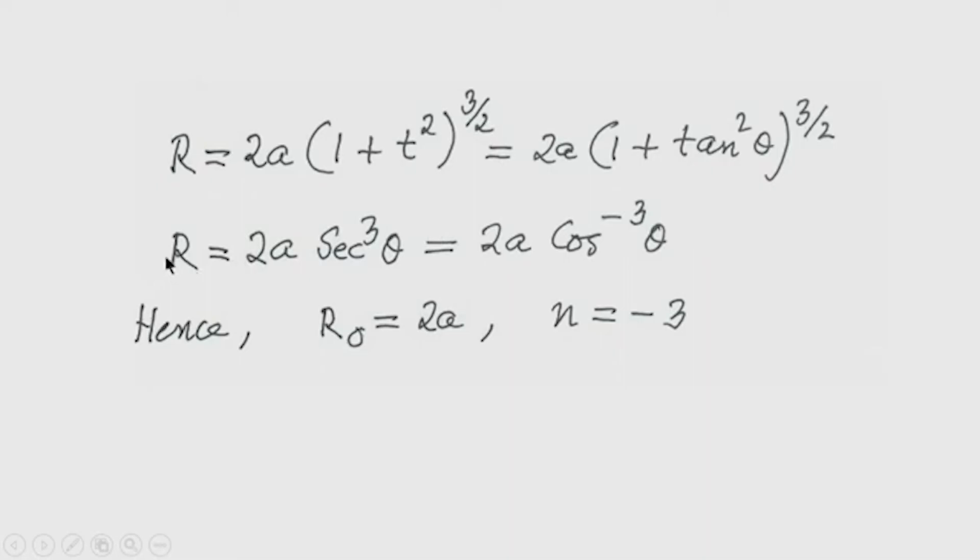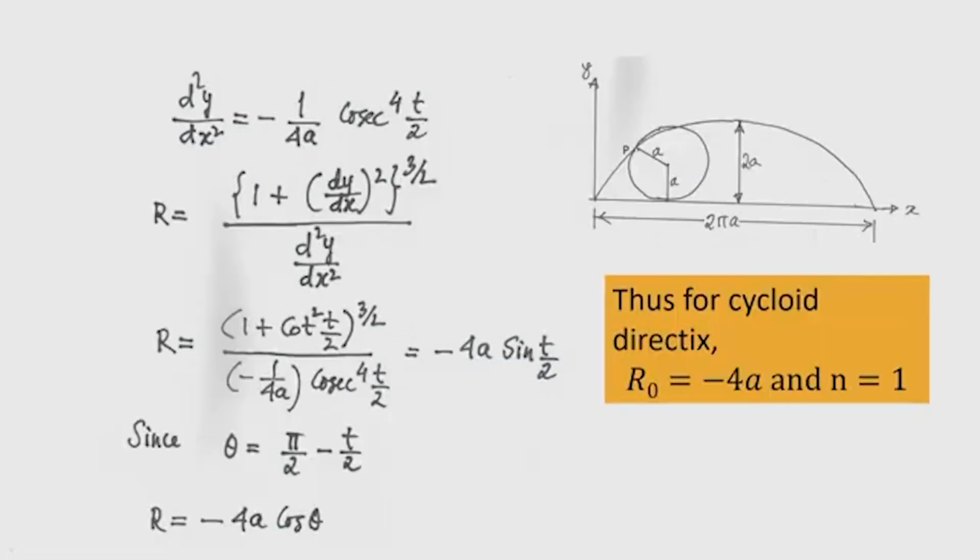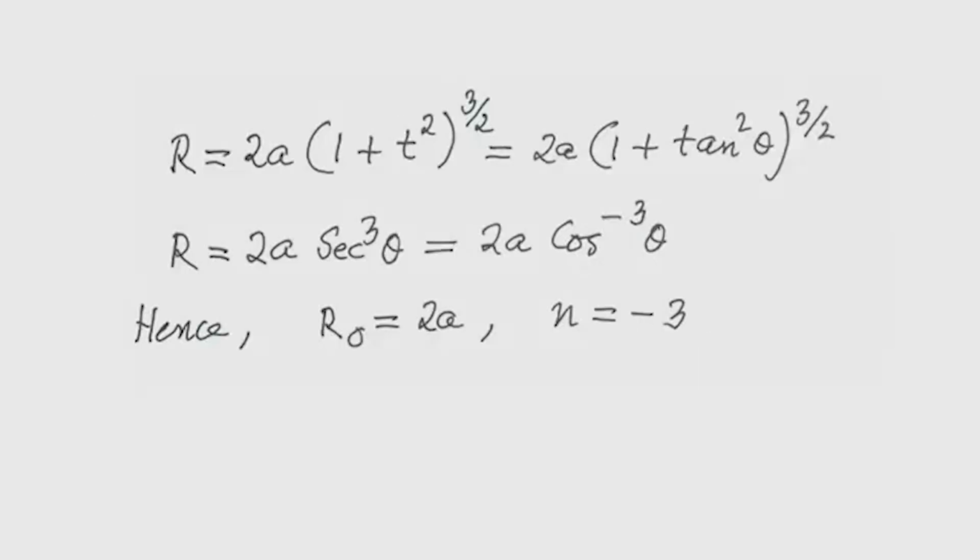So, the equation of the parabola in this form is found out. The form is r is equal to r naught into cos to the power n theta, where r naught for the parabolic curve is twice a, and n is equal to minus 3.